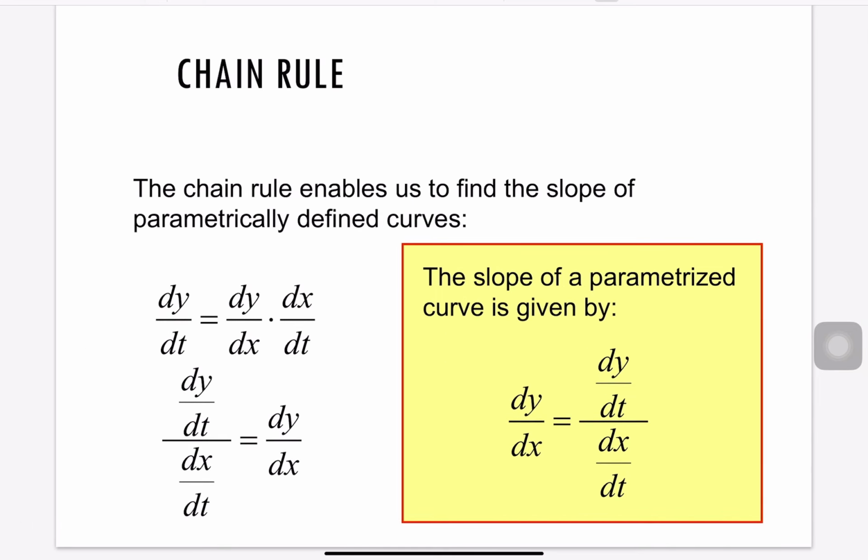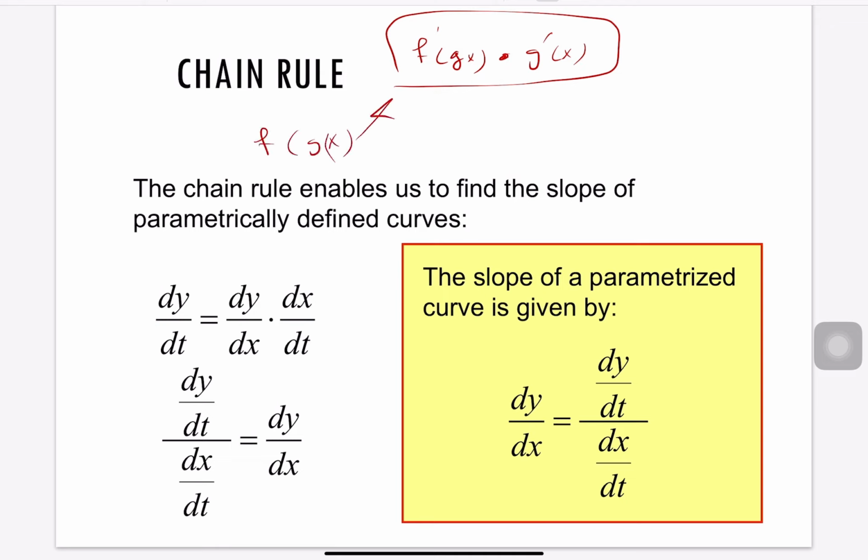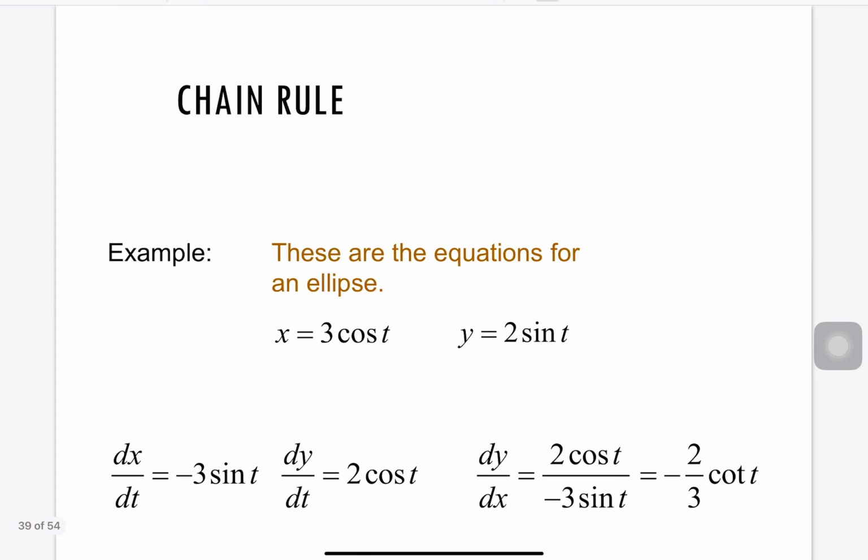Now you understand the chain rule and how we can find it. It is very important. What our professor said is that we can find f prime of g(x) multiplied by g prime of x. We can find the derivative of the function f of g(x). It is a very easy form, and we can find it with this new rule.